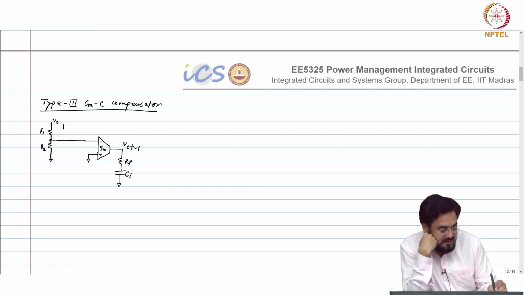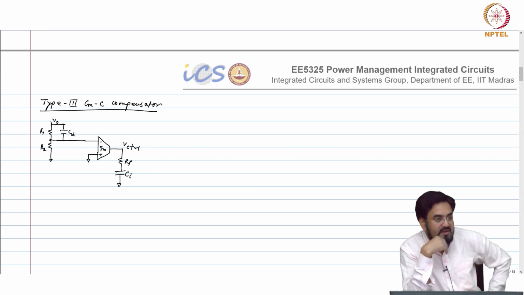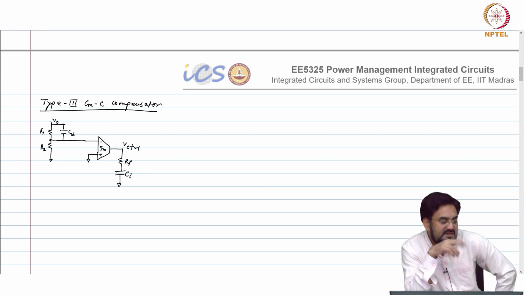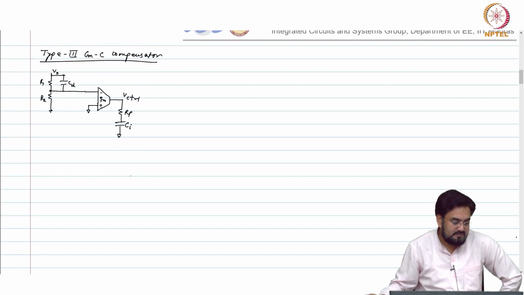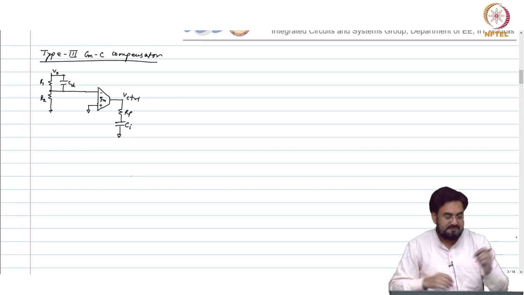If I add a cap here, let's say CD, what will happen? This will have a 0 or not? Where will be that pole?